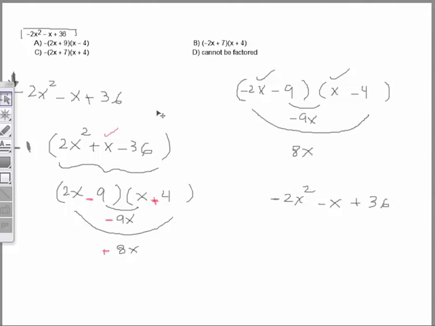So you want to have plus 9 here and minus x here. So this has to be plus, this has to be minus. There we go. Okay, that makes sense. Now everything works out, and I get plus x here.